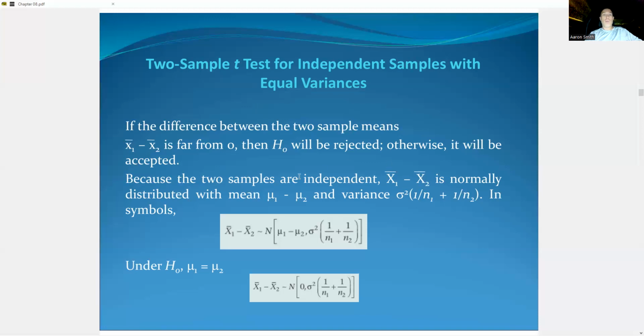We're going to assume that our two samples are independent. Take the difference of the averages, and we're going to assume that the means are normally distributed. That's not a big assumption by the central limit theorem. We want to figure out the difference in averages.